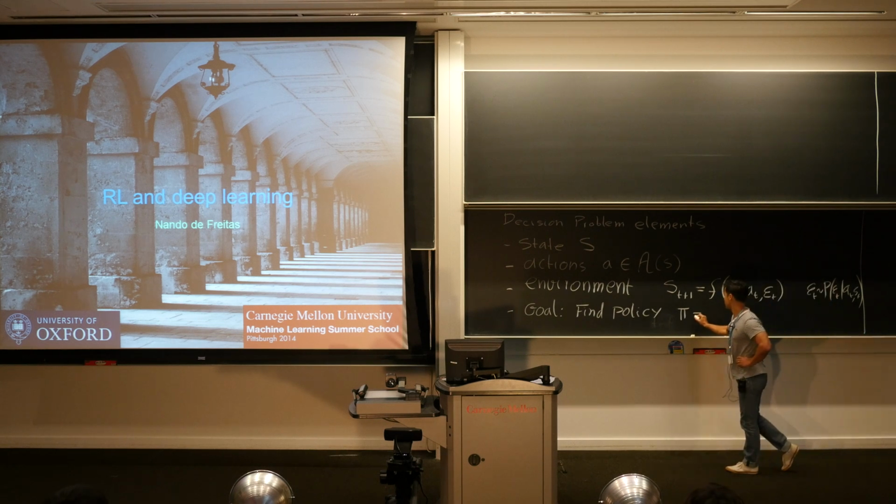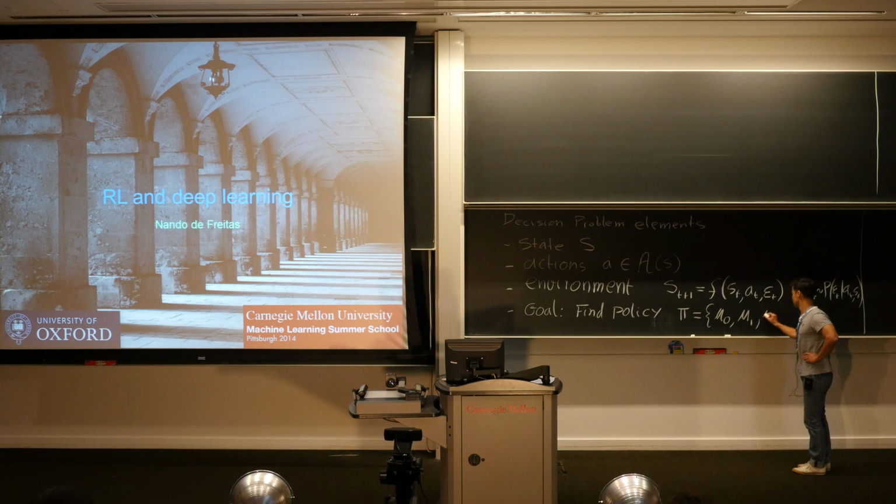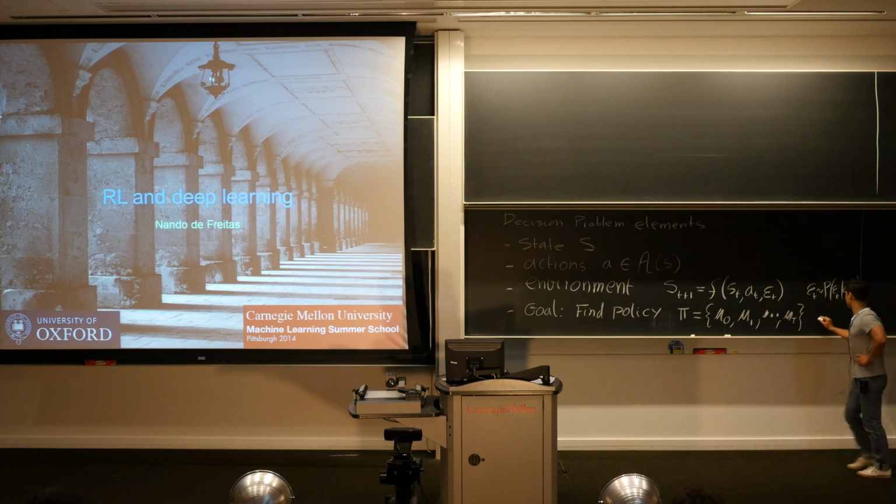In that case, that policy will be a sequence of functions where each of these functions maps the state to an action. Okay, so which actions I choose based on the state comes from this function mu, and this function mu will change over time.